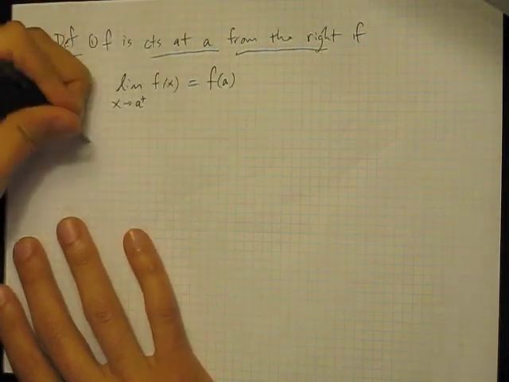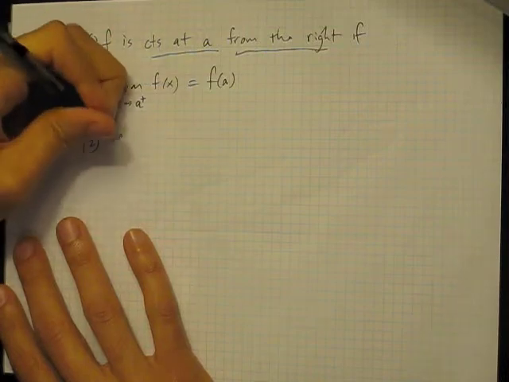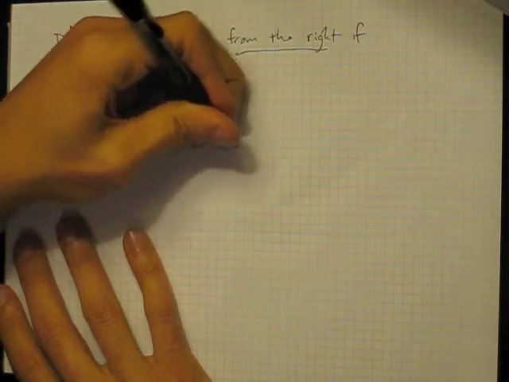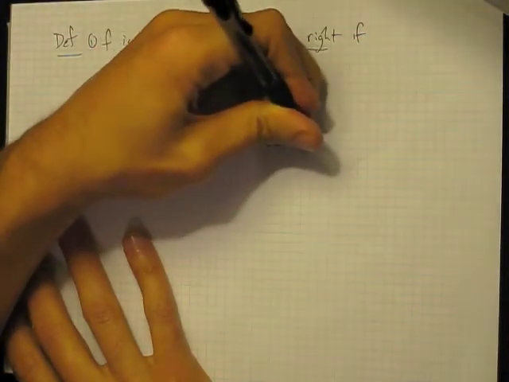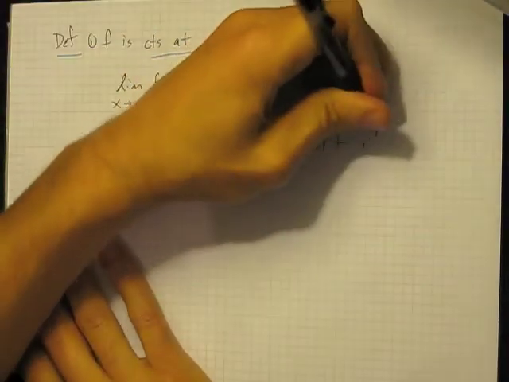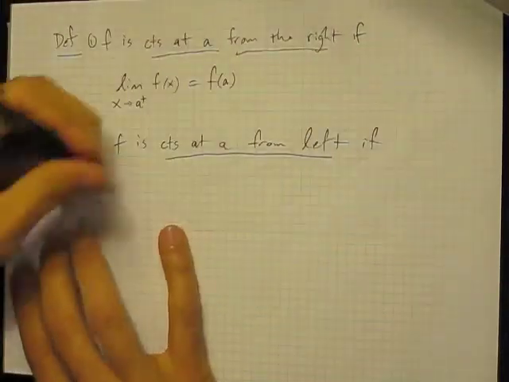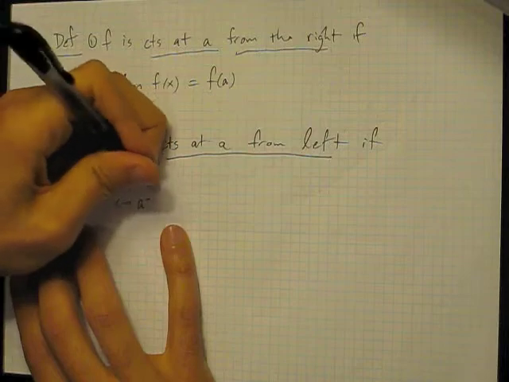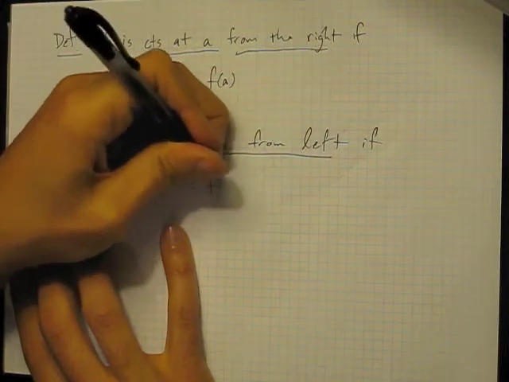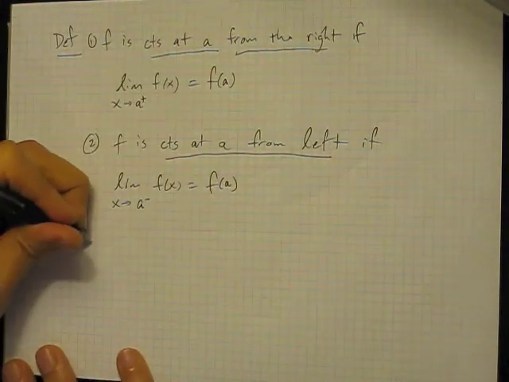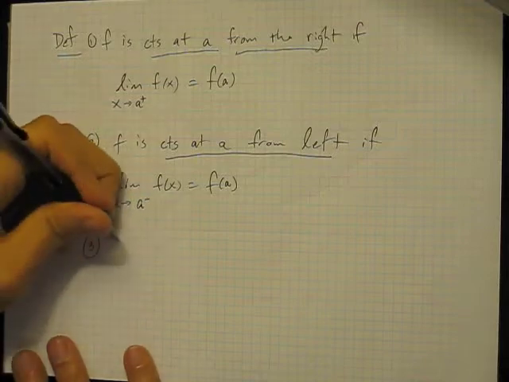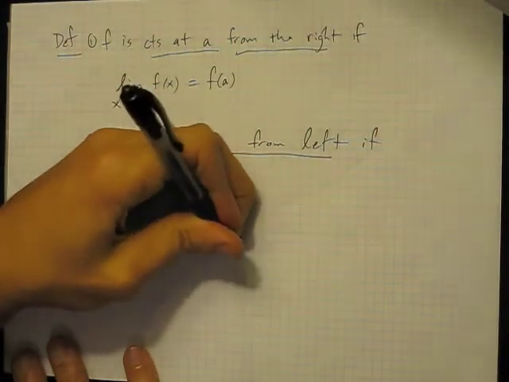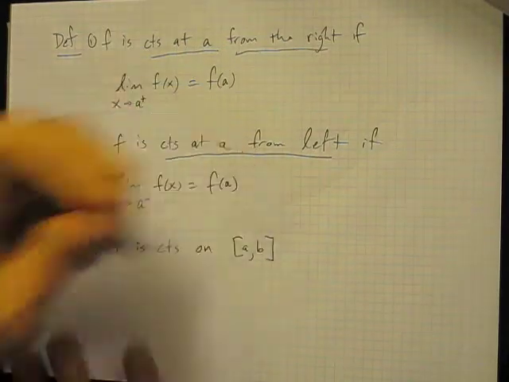So that's 1. 2, continuous at a from the left, and that's if when you approach a from the left-hand side, you get f of a. And then 3, f is continuous on the interval from a to b.